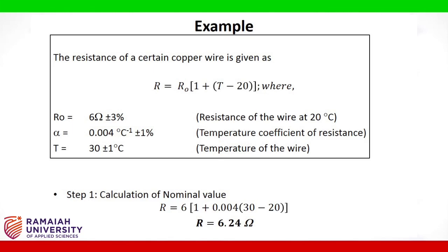The nominal value of the resistance is calculated by just plugging in the nominal values of R naught, alpha and T in the resistance equation. We get a nominal value of 6.24 ohms.